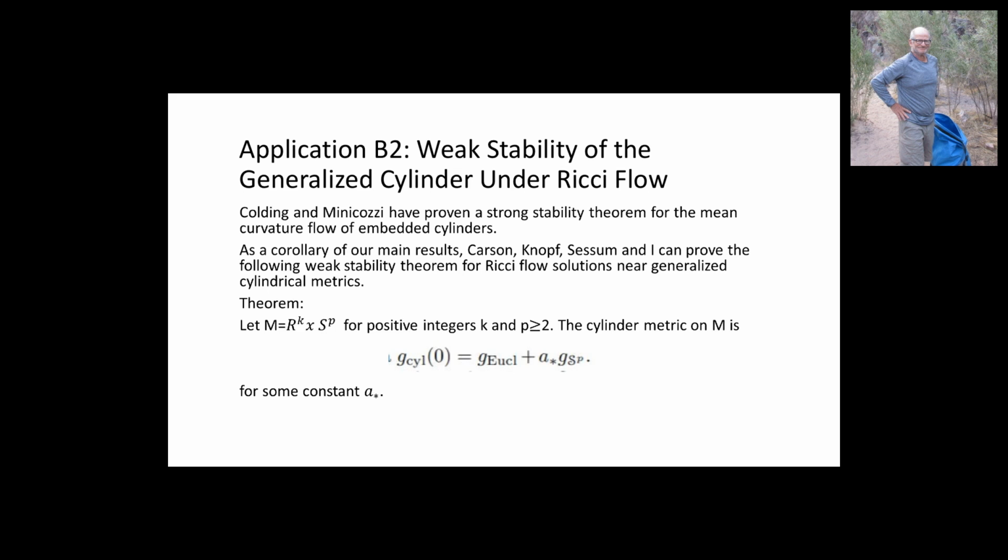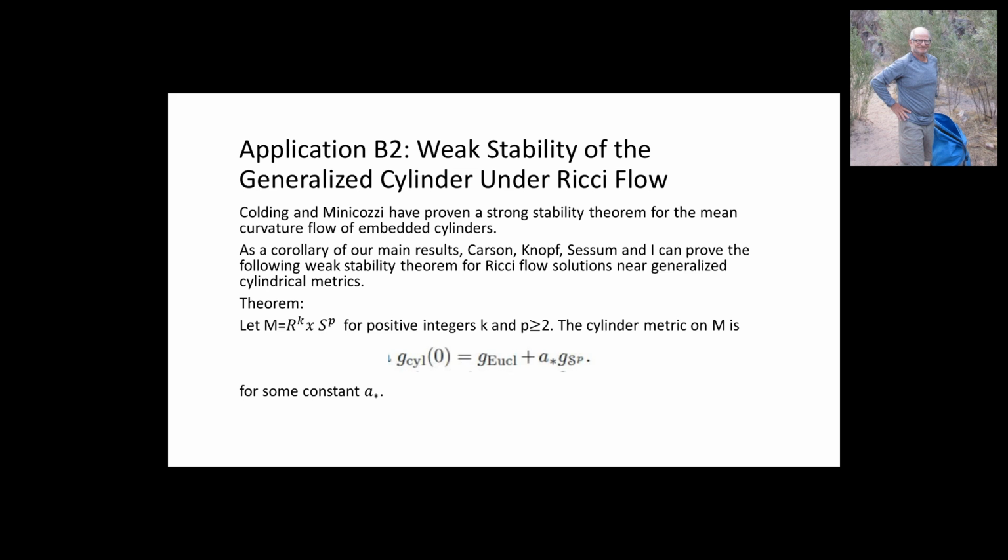As a corollary of our main results, working again with Dan Knopf, Natasa Sesum and Tim Carson, we can prove the following weak stability theorem for Ricci flow solutions near generalized cylindrical metrics.